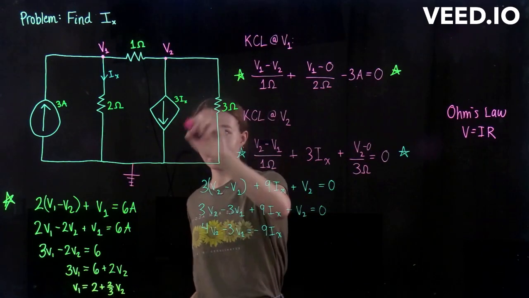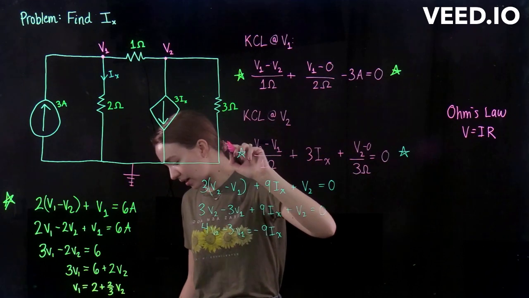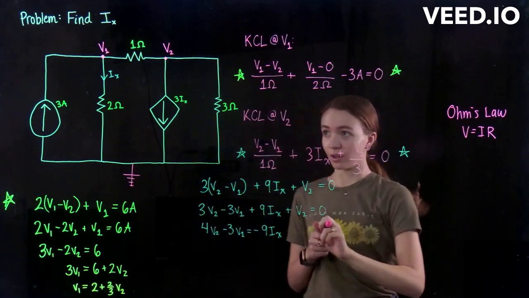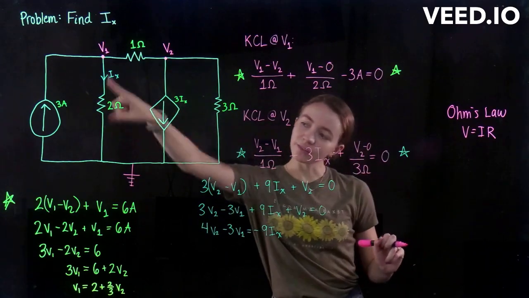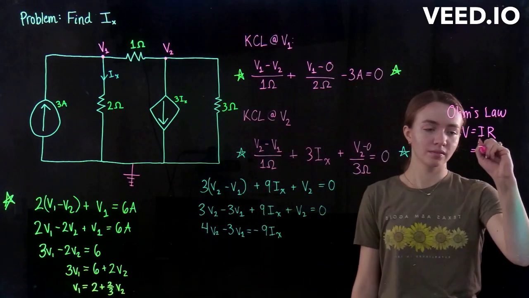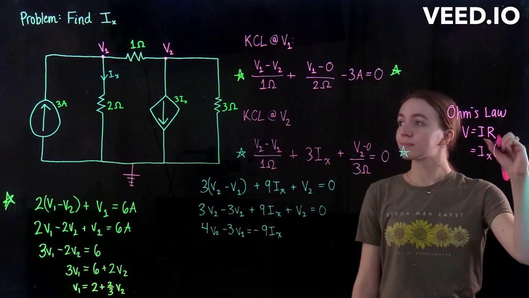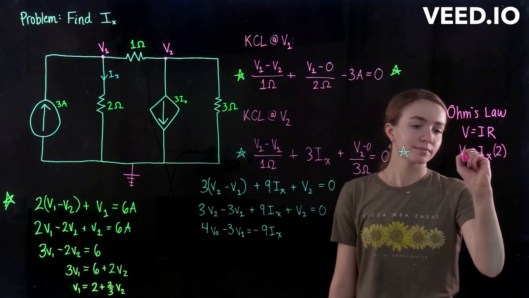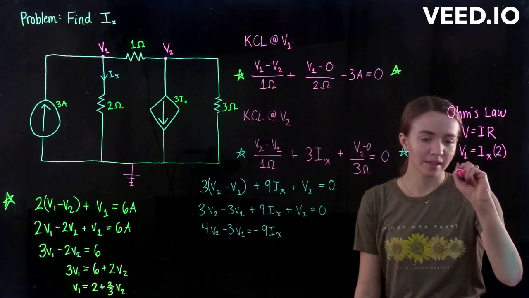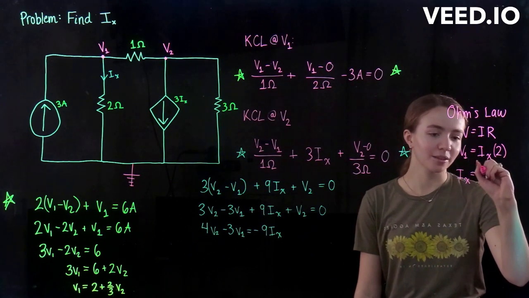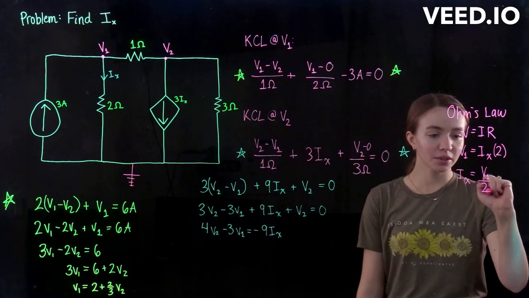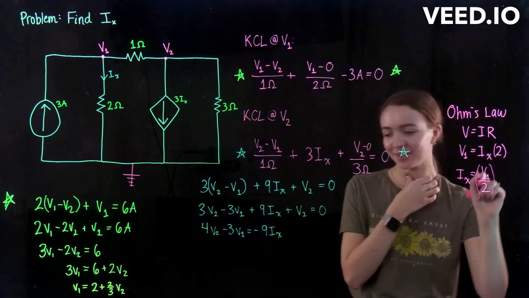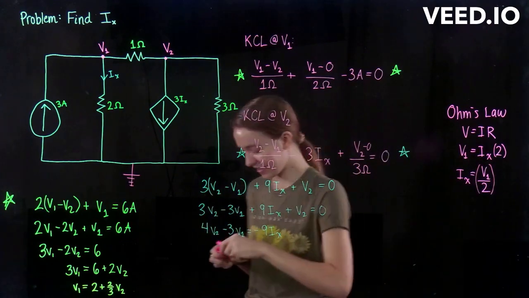Since we're referencing this component of the circuit right here, we're going to be dealing with V1 and 2 ohms right over here. So that means that Ix is equal to V1 over 2. Since we don't know V1 yet, we're just going to plug this in right here for Ix.